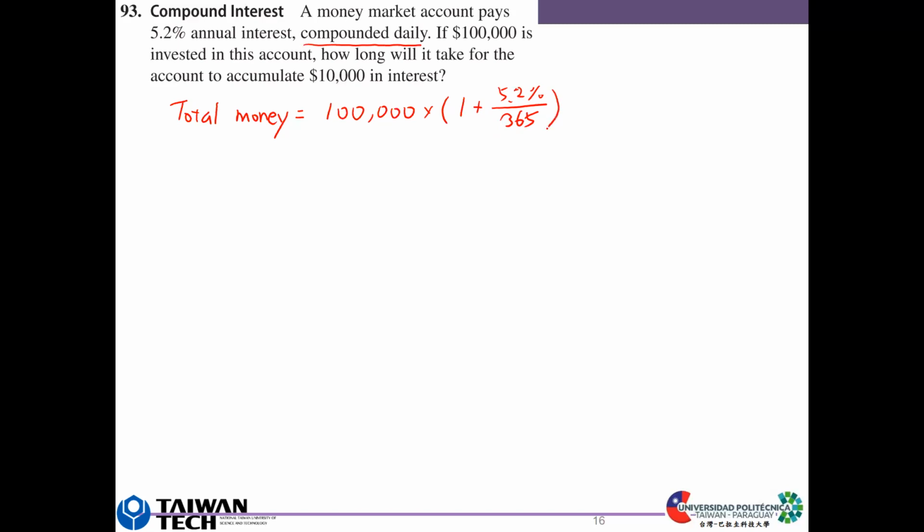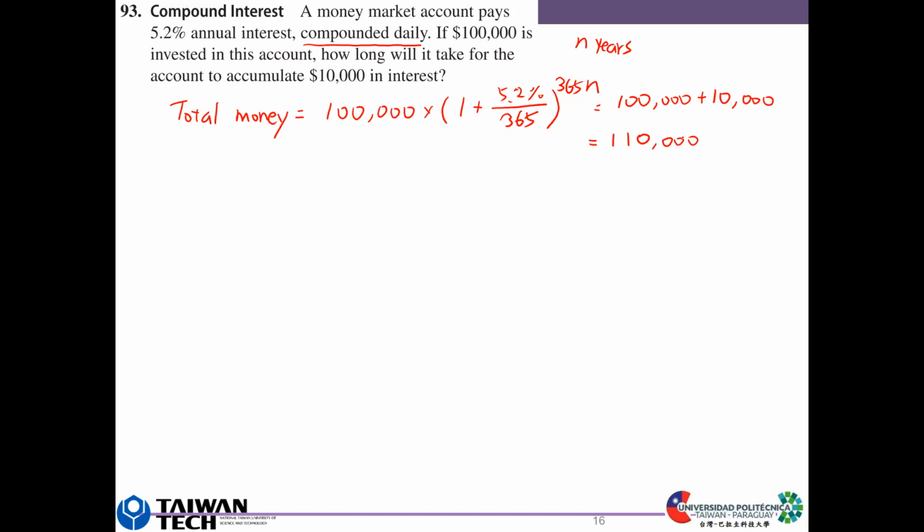And then we have 365n. Suppose it needs n years. So each year has 365 days, and it equals its initial capital plus interest. Interest is 10,000, which means it is 110,000.